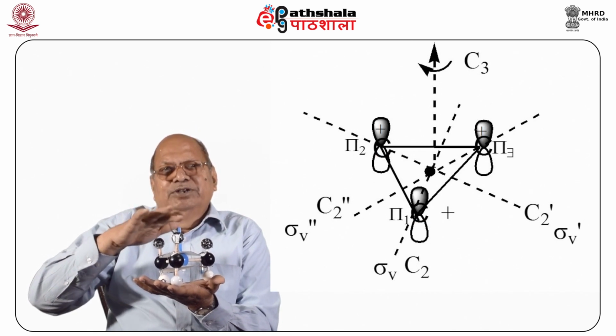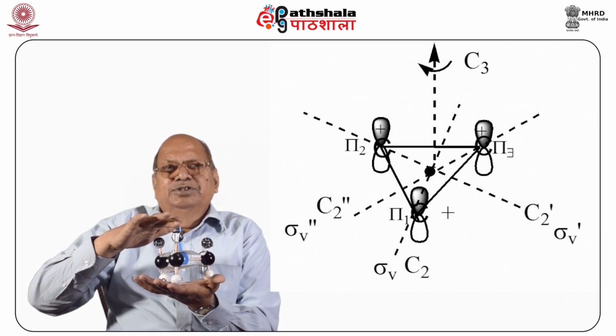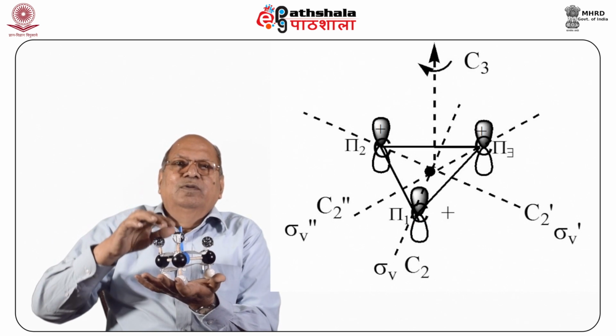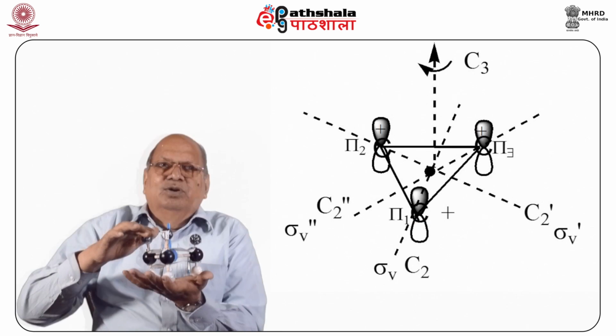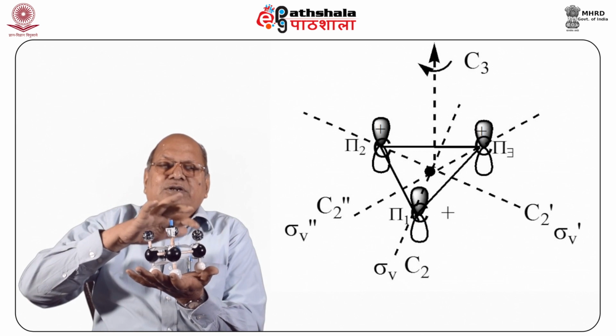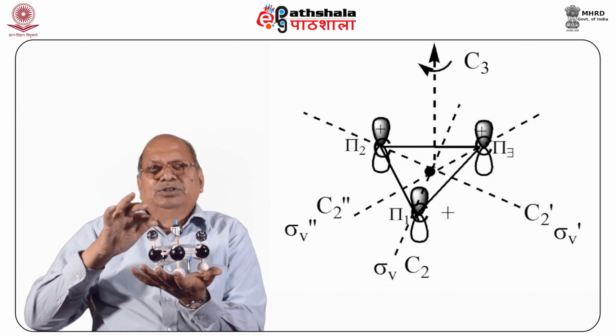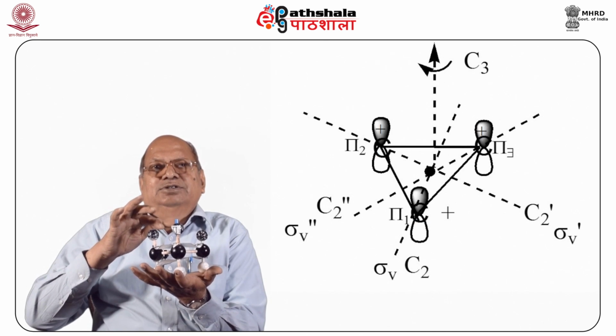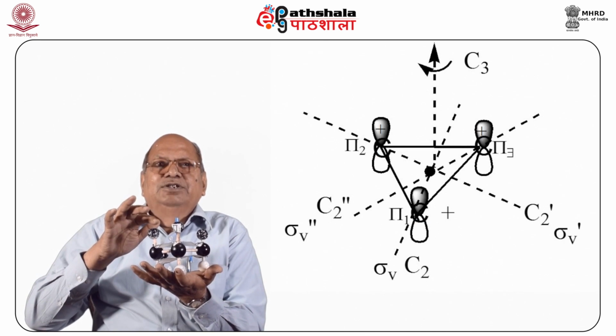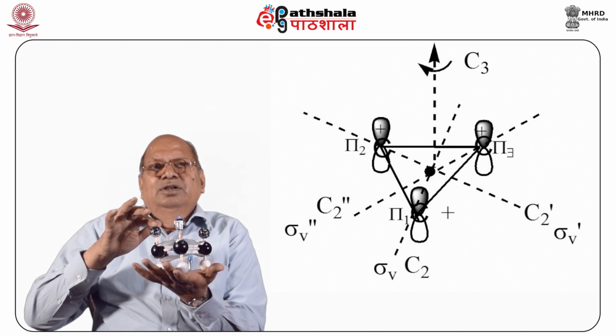Like this we will take up all these symmetry operations of the D3h point group and see the effect of various symmetry operations on these 3 p orbitals, pi 1, pi 2, pi 3, and all the results for each and every symmetry operation are summarized in the table given.